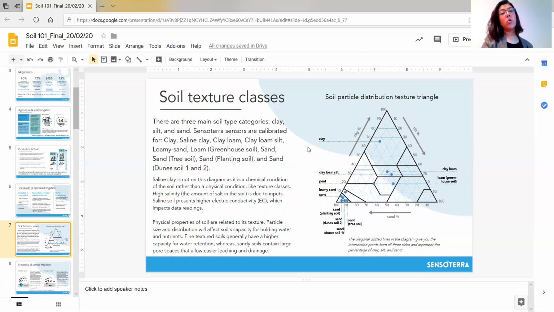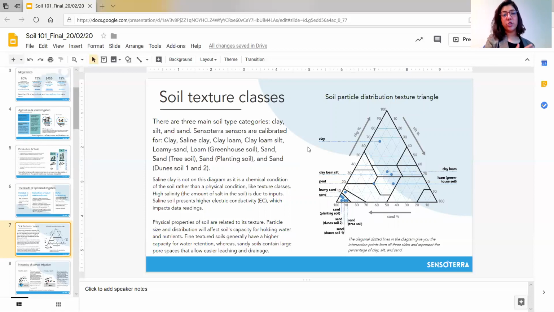And also talking about the physical properties. The physical properties of the soil are related to the soil texture. So particle size and distribution will affect the soil's capacity for holding water and nutrients. This is what we call the soil water holding capacity.